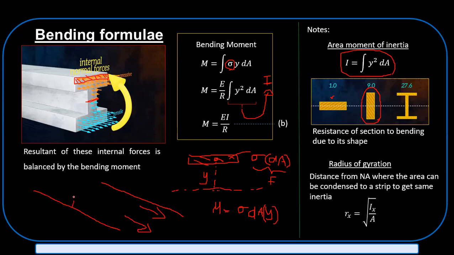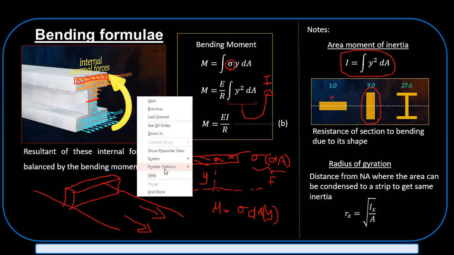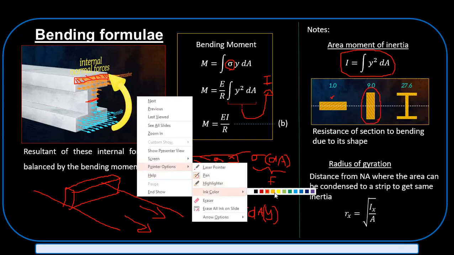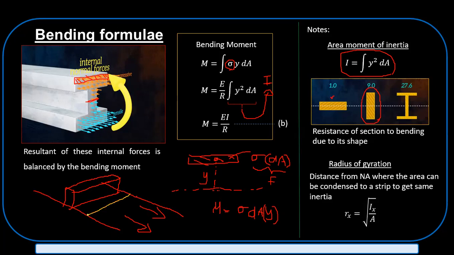So what happens if your bridge is like this, and you take the same beam and you put it like this? Definitely this is going to deflect more. Why? Can you see theoretically?